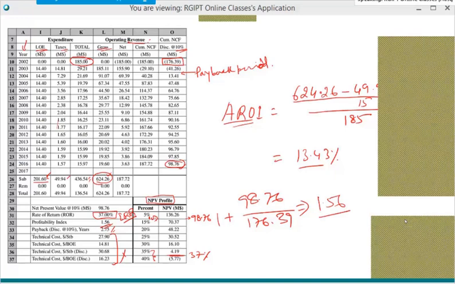See, the thing is, when you have multiple investment choices to make, then you have to put all these together and decide about a particular project.